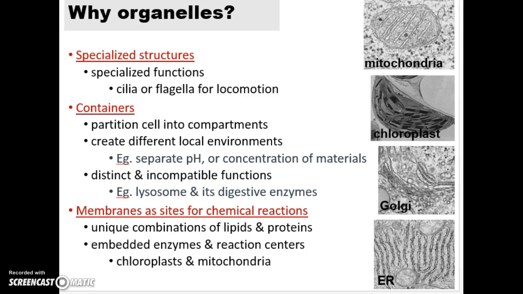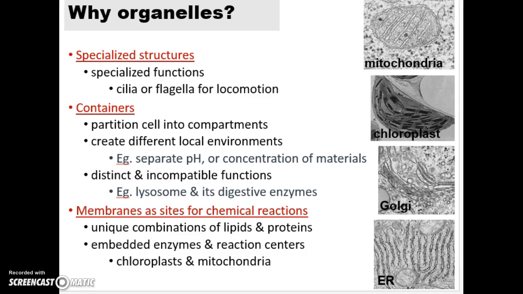They act as containers. They can partition the cell into different compartments that are doing different jobs. They can also create a different chemical environment, so they can have a different pH from the rest of the cell, or they can concentrate materials or nutrients that are needed for a particular function in the cell.